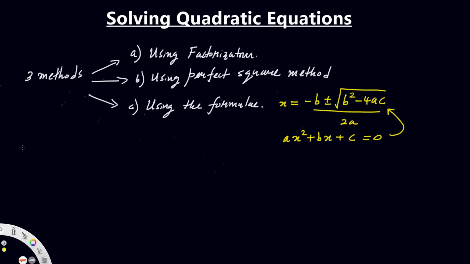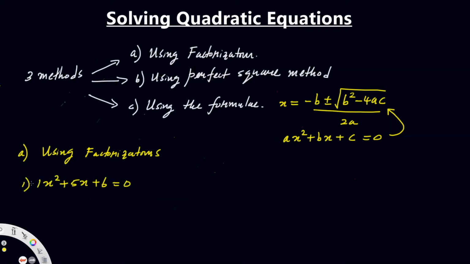So now we will first understand the factorization, and we will talk about a few examples. Under factorization, example number 1: x squared plus 5x plus 6 is equal to 0.